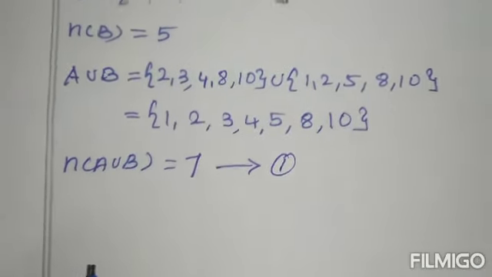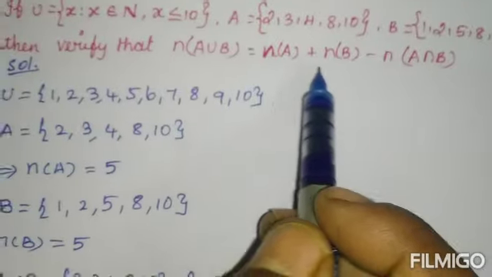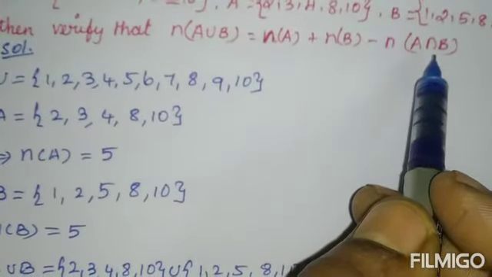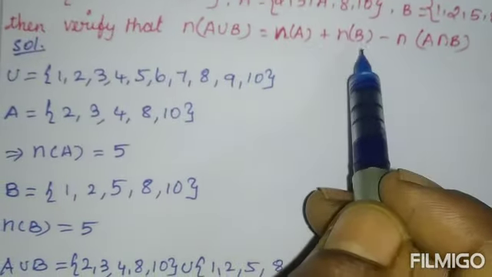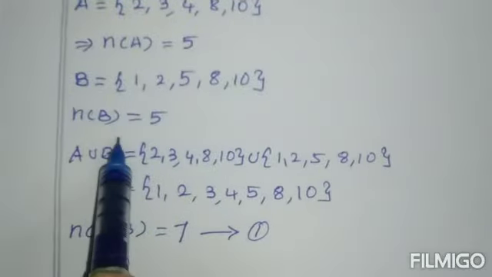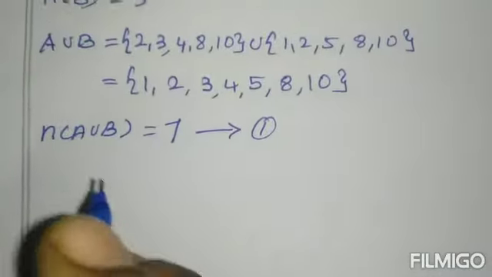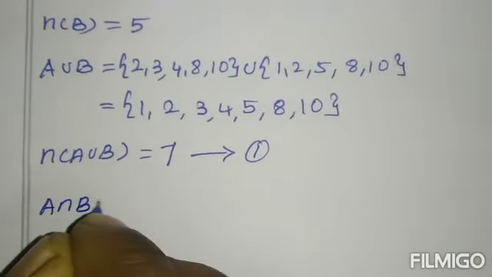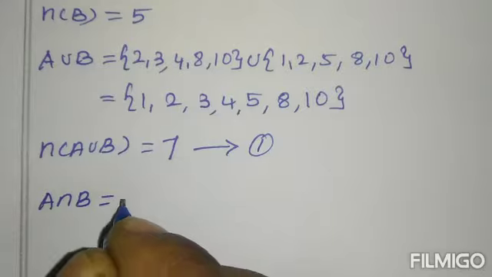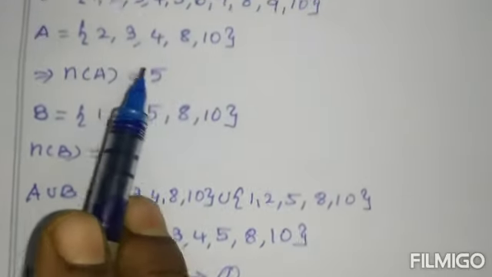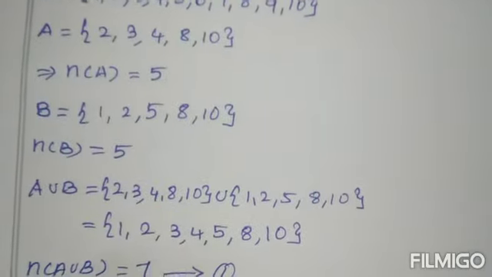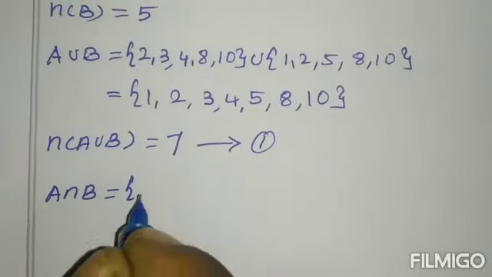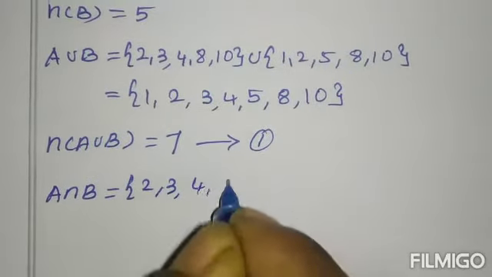Now we have to find the RHS. The RHS is n of A plus n of B minus n of A intersection B. We have already found n of A and n of B. So we just have to find n of A intersection B. Before that, first we have to find A intersection B. So first write the elements of A: 2, 3, 4, 8, 10.